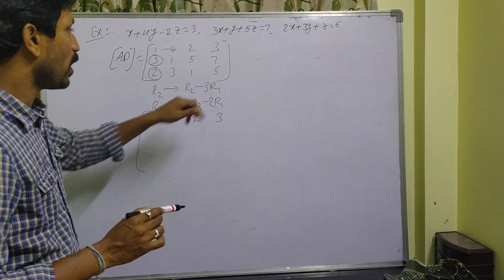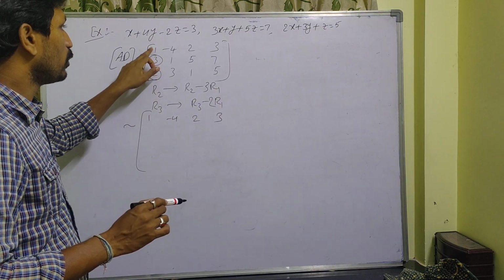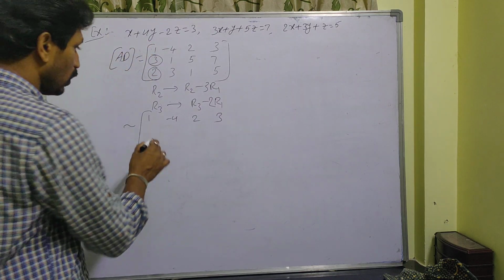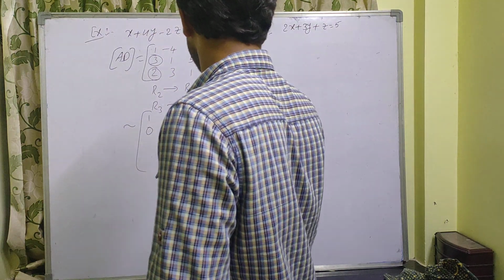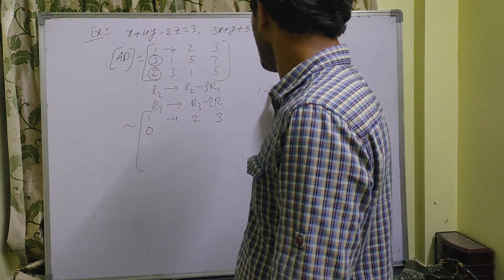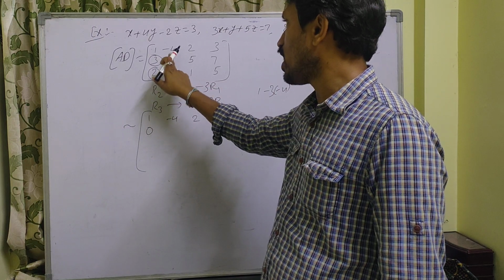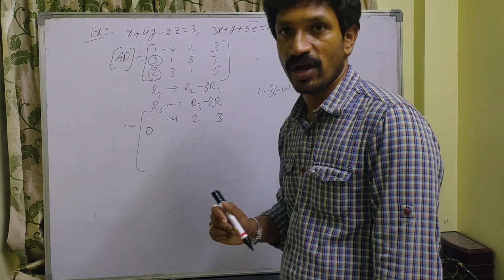Second row R2 minus 3R1. R2 means 3, R1 means 1. So 3 minus 3 into 1, that is 0 only we have. Next, 5 minus 3 into 4.